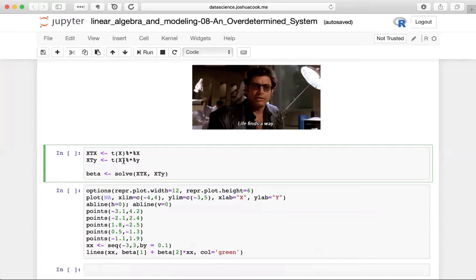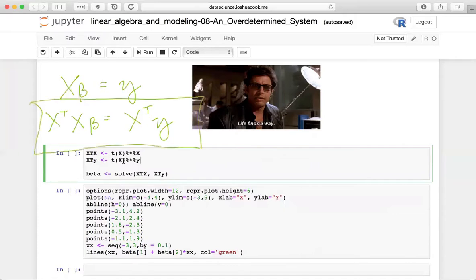So in terms of the equation, we've got x times beta is equal to y, and I'm going to do the multiplication: x transpose x times beta is equal to x transpose y. And I'm not going to solve the first equation. I'm going to solve the second equation.